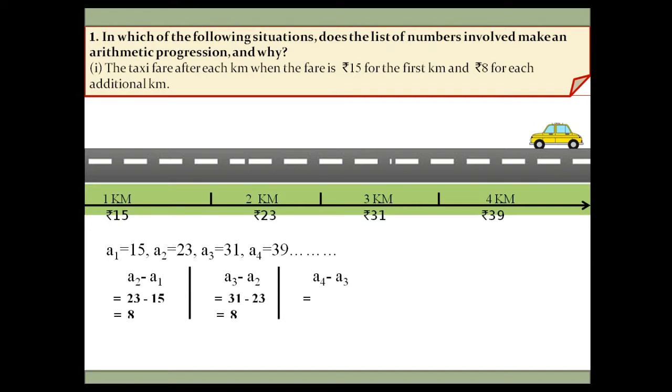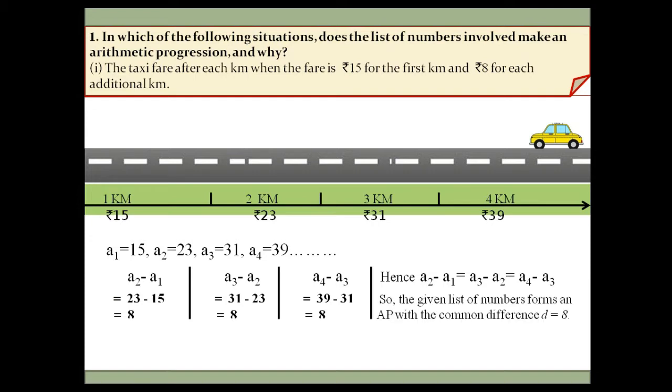Fourth term minus third term equals 39 minus 31 equals 8. Hence, second term minus first term equals third term minus second term equals fourth term minus third term. Therefore, the given list of numbers forms an arithmetic progression with the common difference d equals 8.